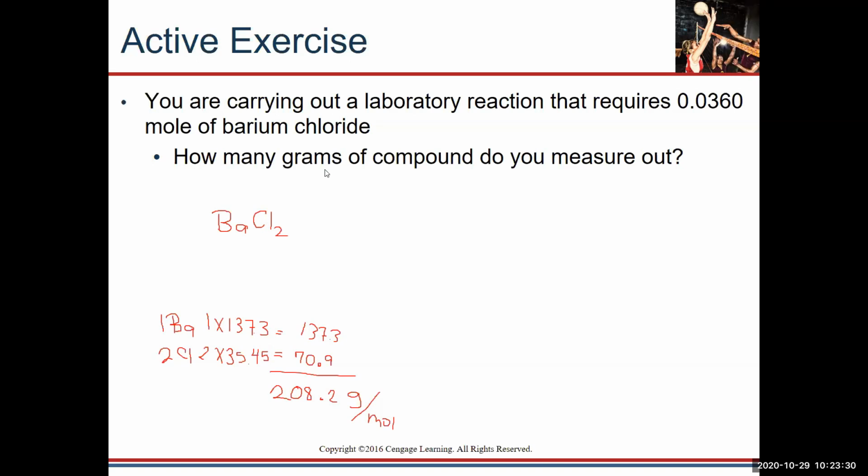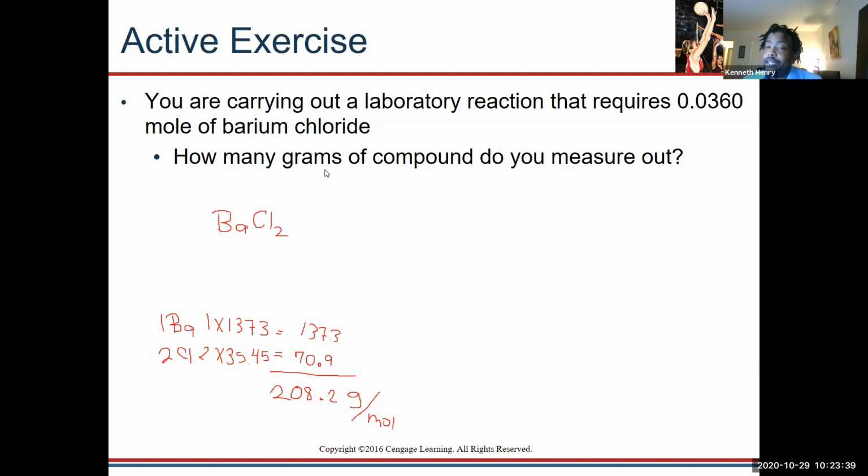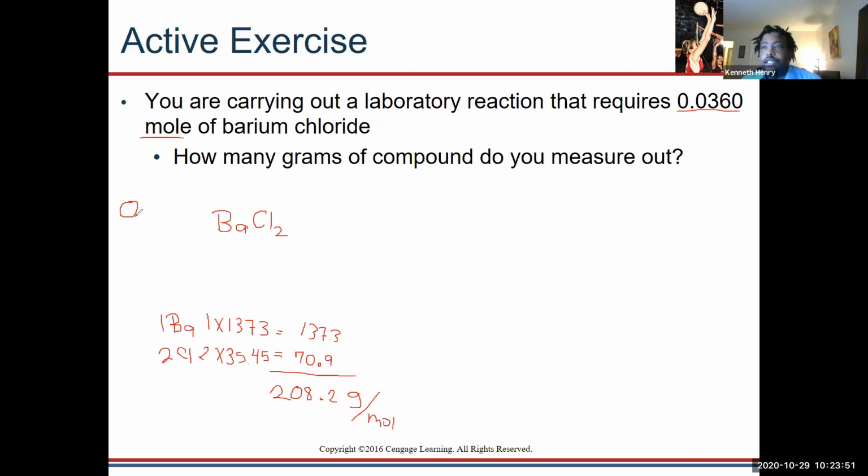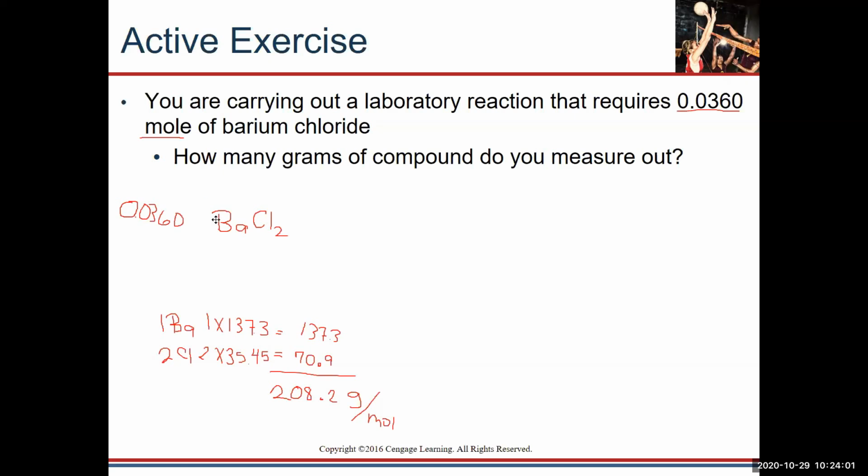Is grams a quantity? We divide it by the 0.0360? Shouldn't we probably start off with that, since that's our given? It's given, so we can cancel the moles. Okay, so we have 0.0360. So we want to use that as our starting point, right? Our given. Yes, okay.